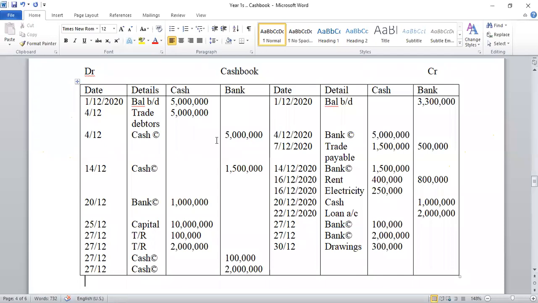So you look on the debit side of the cash column, then you look on the credit side of the cash column. Having looked at both, given the figures, you can choose to just add, but personally I can just look at them and know that this side is bigger and this side is smaller. But nevertheless, you can just add both sides and get to know which one is the biggest.